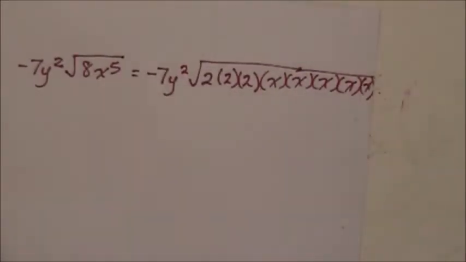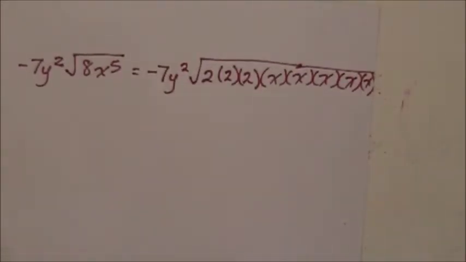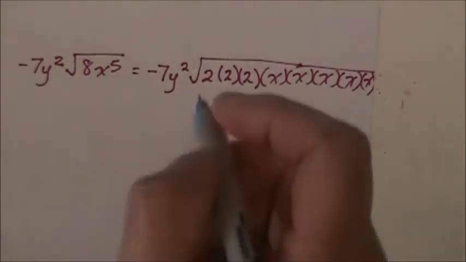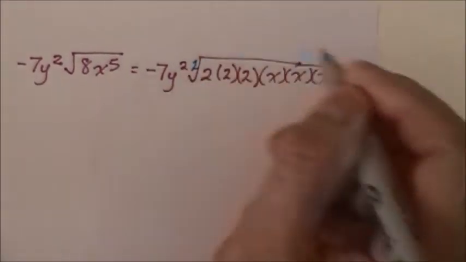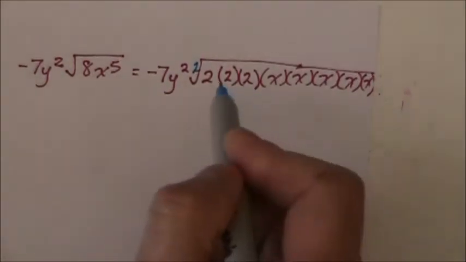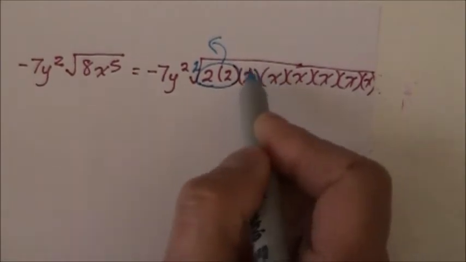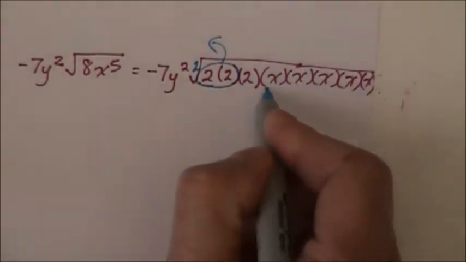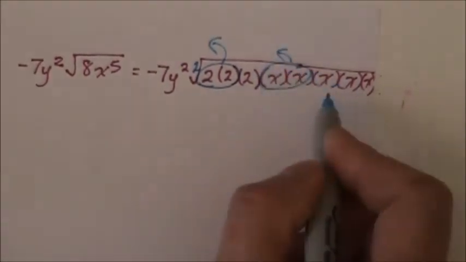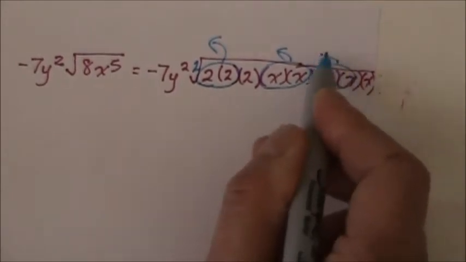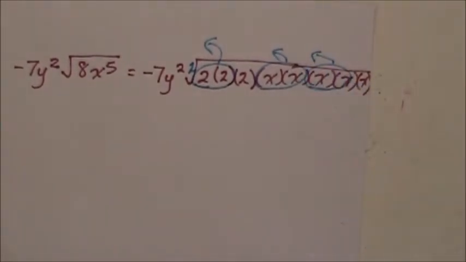We are now going to take a peek and see what we have to circle. No visible index is an index of 2, so we're looking for 2 of the same. These 2 guys get to go together and can come out. That 2 has nobody. These 2 x's can go together. These 2 x's can go together. And that x is left behind.